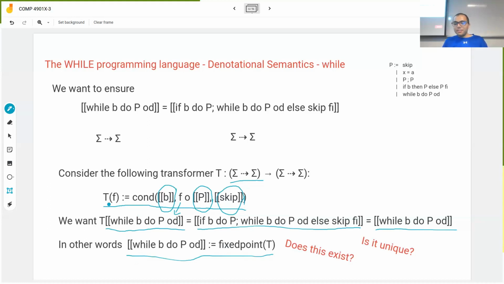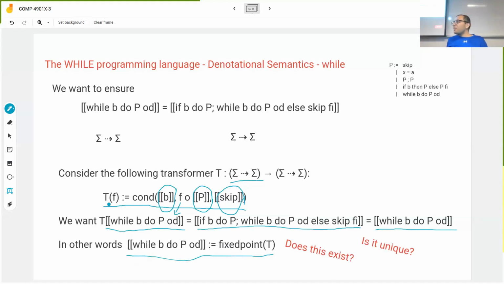Now we have actually 3 problems here, but I'm going to talk about 2 of them. The problem that I'm not going to talk about in this session is how the hell do we even compute the fixed point of a transformer function that looks like that? But at this point, that doesn't matter.